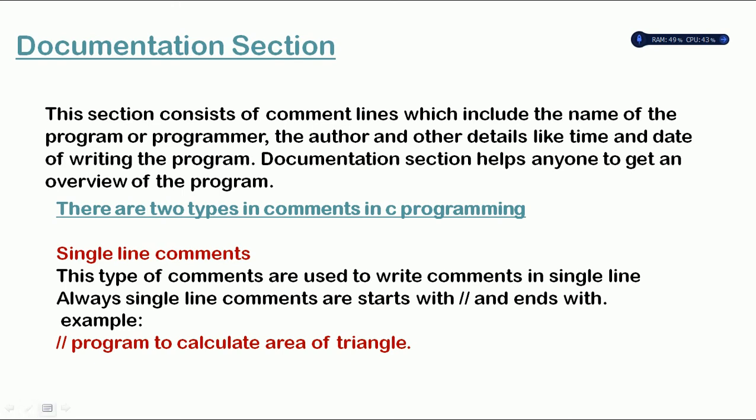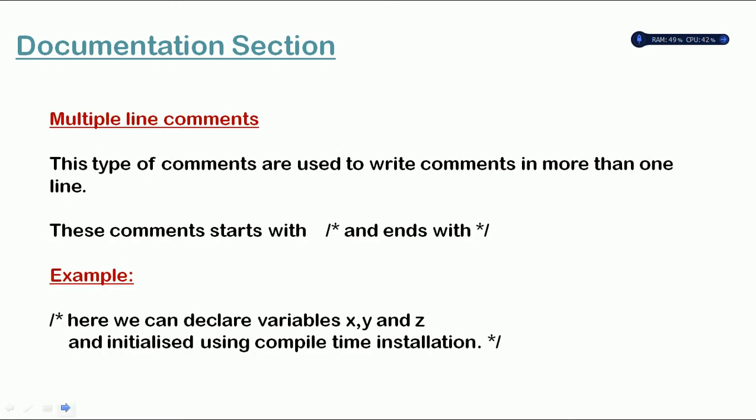Now coming to multiple line comments. This type of comment is used to write comments in more than one line. If a single line is not enough to write your comments, you can extend your comments over multiple lines. Those are called multiple line comments.